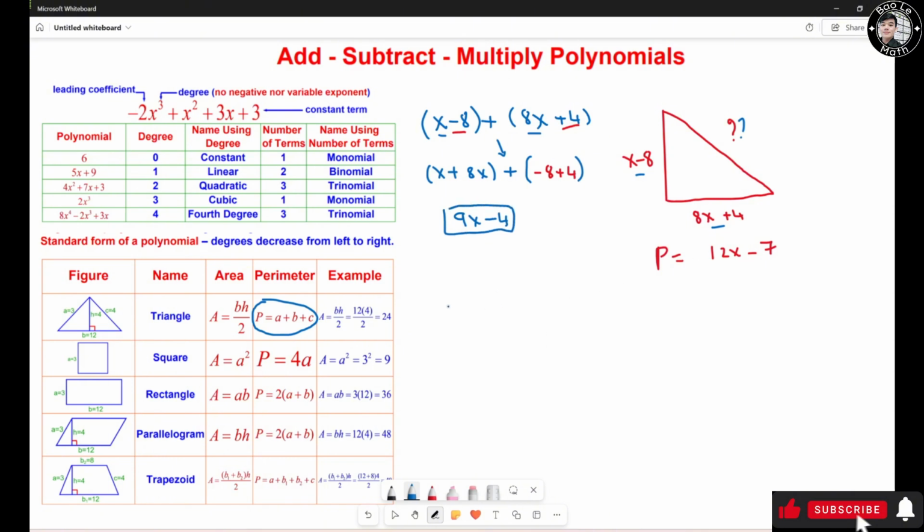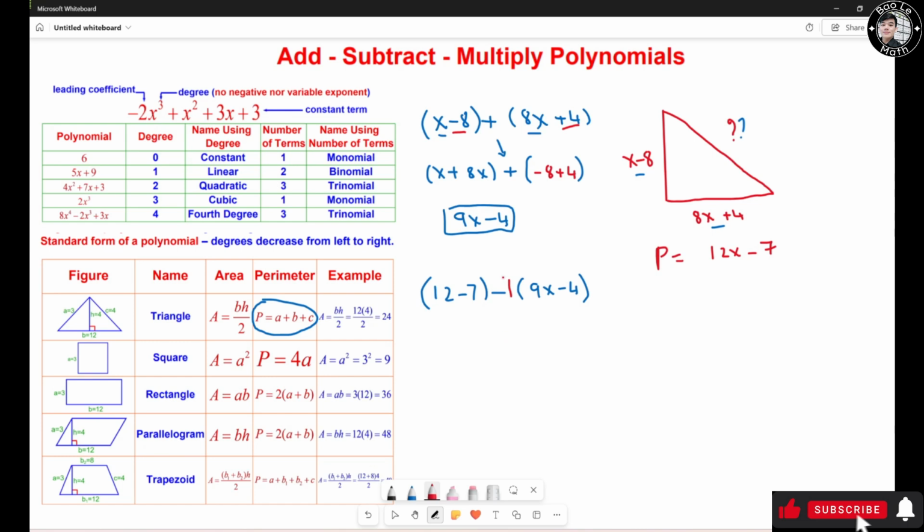Now you need to take 12s minus 7, which is the perimeter, and then you need to subtract the sum of the two side lengths, which is 9s minus 4. Don't forget parentheses. Alright, so next, I need to distribute. If I see nothing right here, put 1.